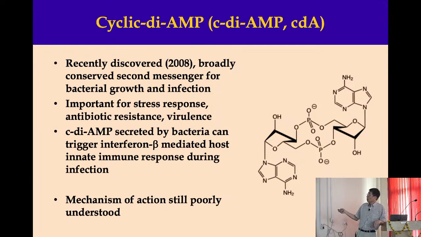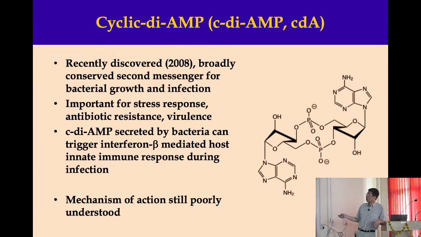So it was discovered in 2008. It's broadly considered a second messenger for many bacteria, for bacterial growth and infection. Cyclic di-AMP is 2 AMP molecules forming a cycle, 3', 5', essentially.